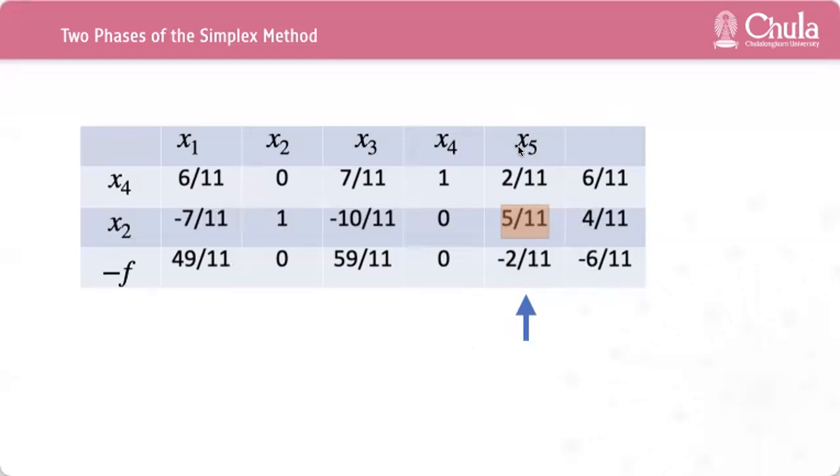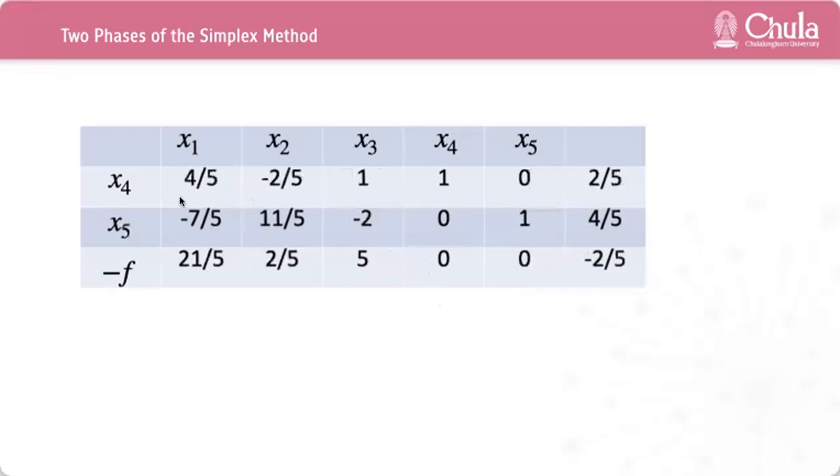So we introduce x5, and then we consider B over A, and we remove x2 from the basic variable. So the next round we have x4, x5 as our basic variables, and the rest are non-basic variables. We end up with this table, and you see that we don't have any negative coefficient. So we can stop our algorithm and we obtain the solution.